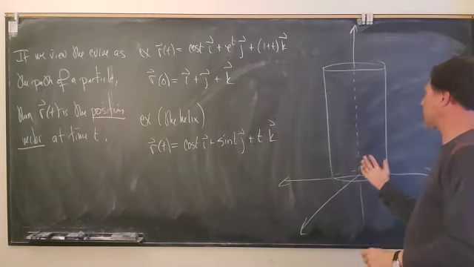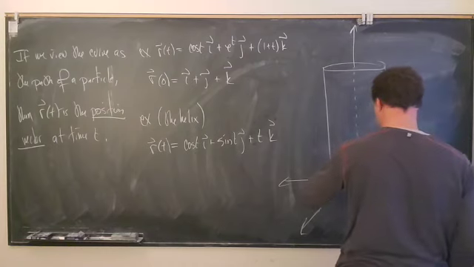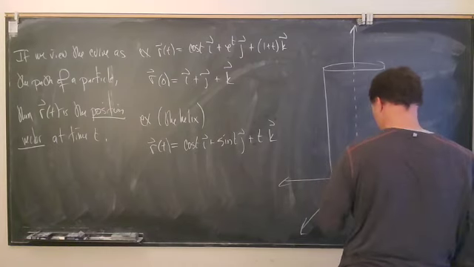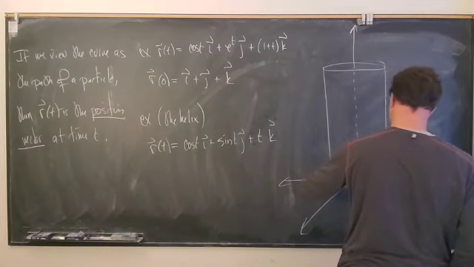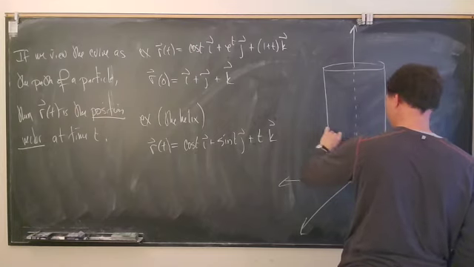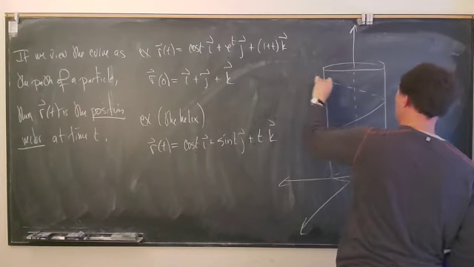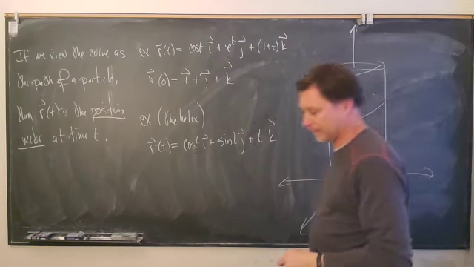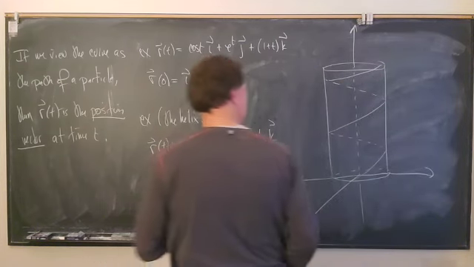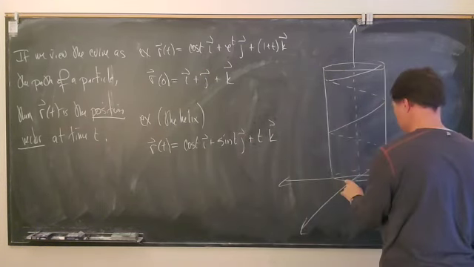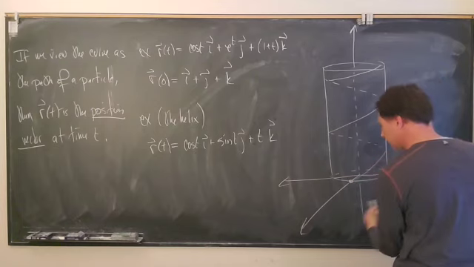So this helix is going to wrap itself around. Here's my x-axis, so it starts like this, and it goes like that. And of course, it does wrap.